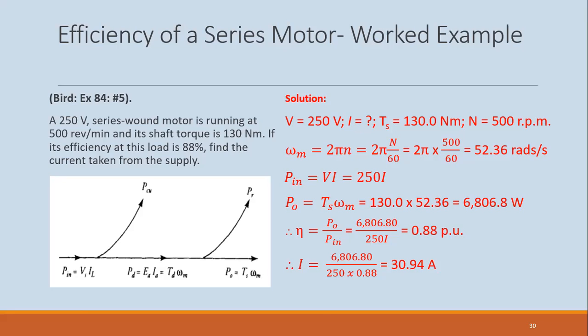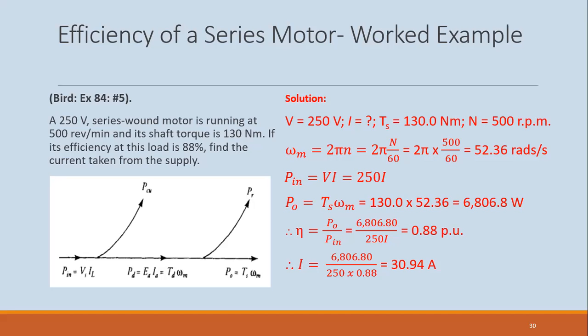All right, so series motor, so V in, the input voltage, will be 250. The current, we don't know yet. That's what they want us to find. Shaft torque, 130 Newton meters. Speed of the machine, revs per minute, 500.